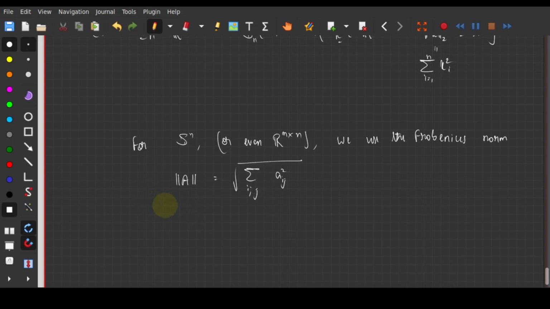So let's take 2 by 2 symmetric matrices. What does a 2 by 2 symmetric matrix look like? A11, A12, A12, A22.